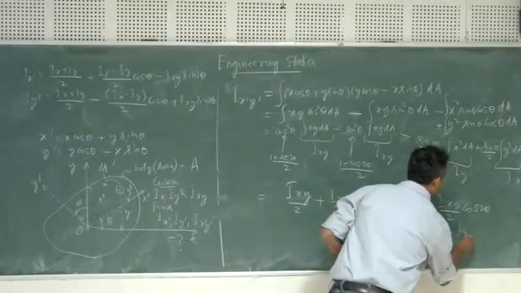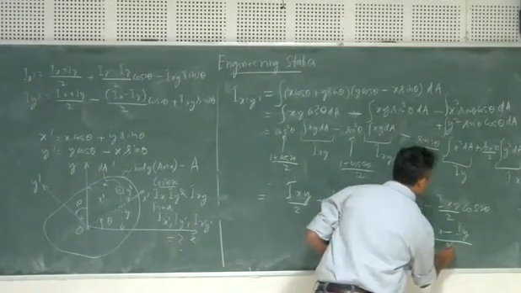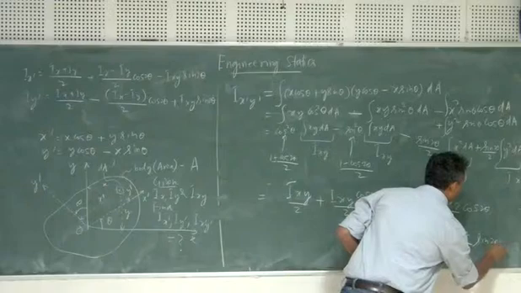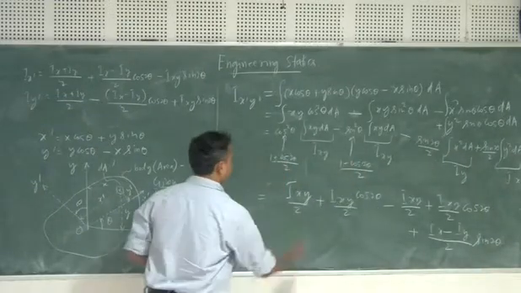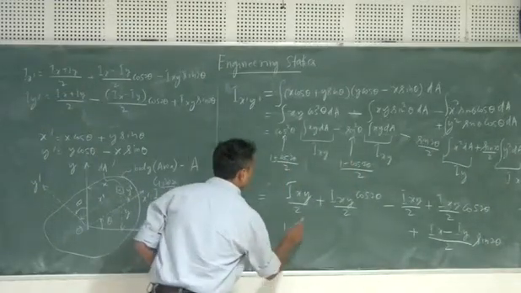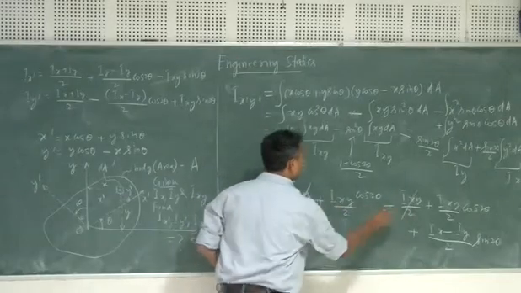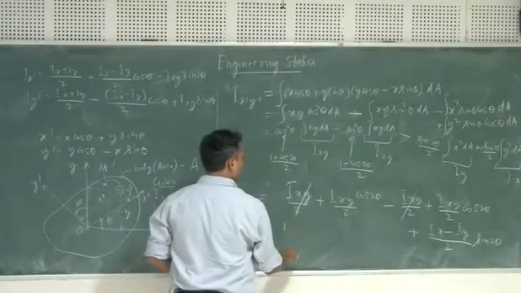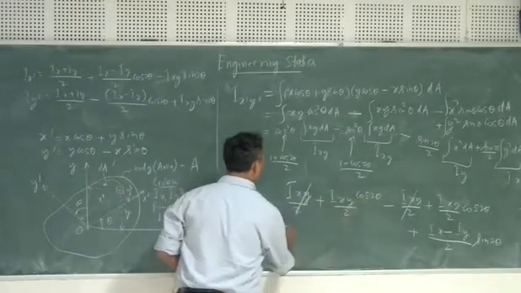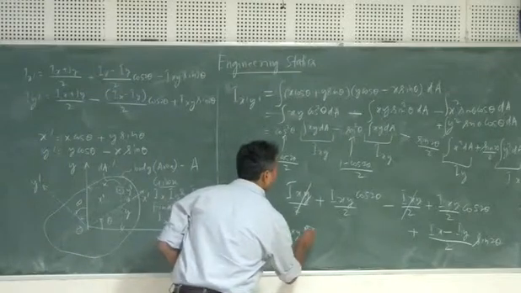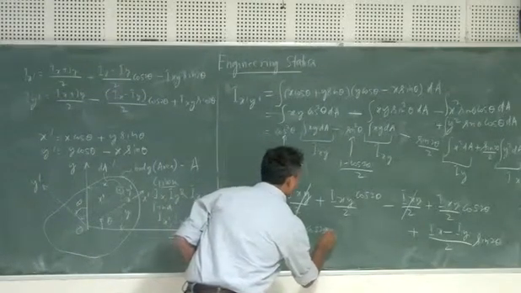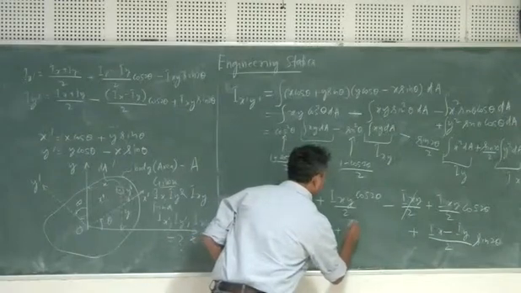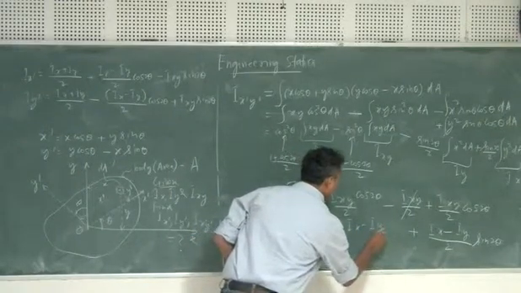Ix minus Iy. So ultimately what will happen? Times these two numbers, so cos of 2 theta, Ix minus Iy by 2.